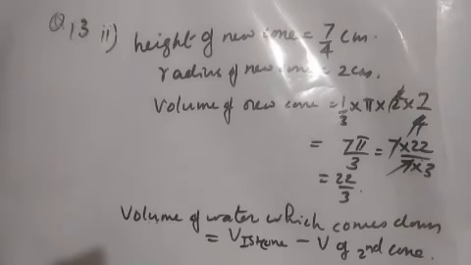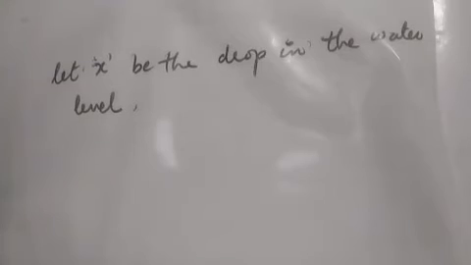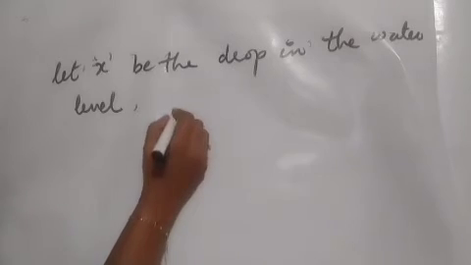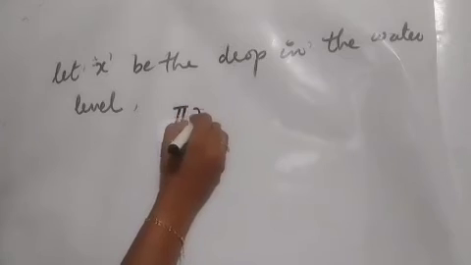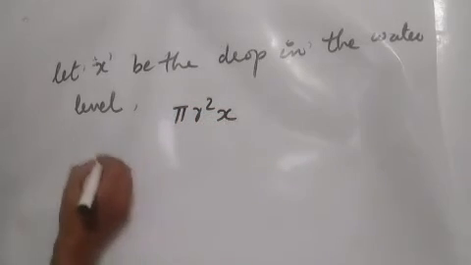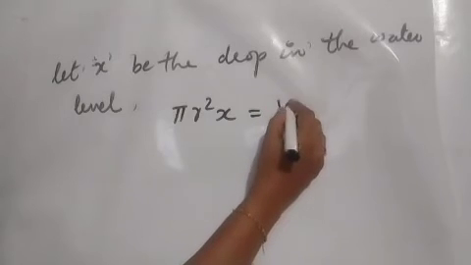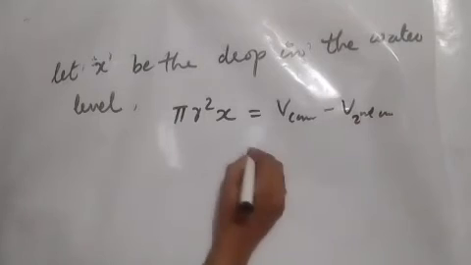Let x be the height of the water which comes down, the drop in the water level. So the water drops down in the shape of a cylinder, and the volume of water that comes down is pi r square x, taking the height as x, which is equal to the volume of the first cone minus the volume of the second cone.